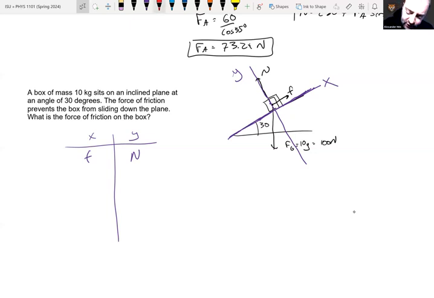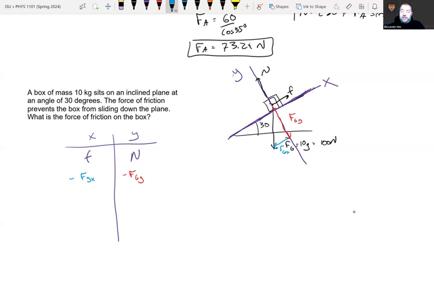Now when it comes to gravity, basically we need to break gravity up. So we're going to have a component that is in the y direction that we've drawn. So that will be FGy, and that'll be negative. So negative FGy. And then we'll also have a component that is in the x direction, FGx, and that will be negative.